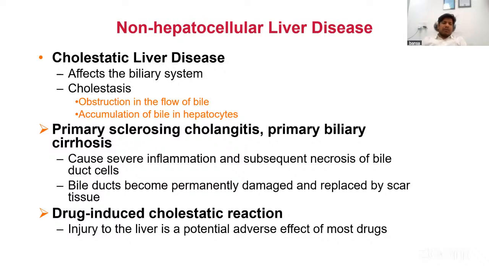The less common types are primary biliary cholangitis, primary biliary cirrhosis, and sclerosing cholangitis, PBC and PSC. Both are autoimmune disorders which can lead to cholestatic liver disease. Some drugs can also lead to a cholestasis reaction by injury to the biliary tract.